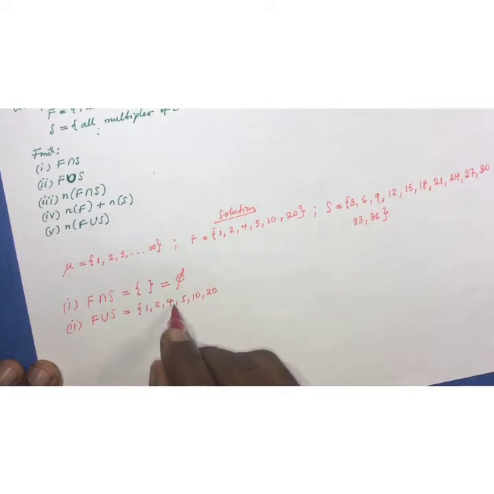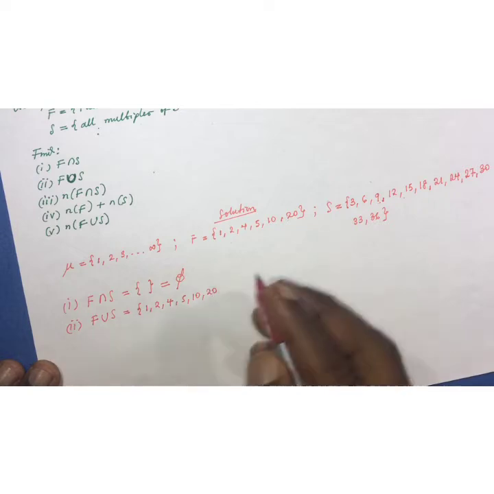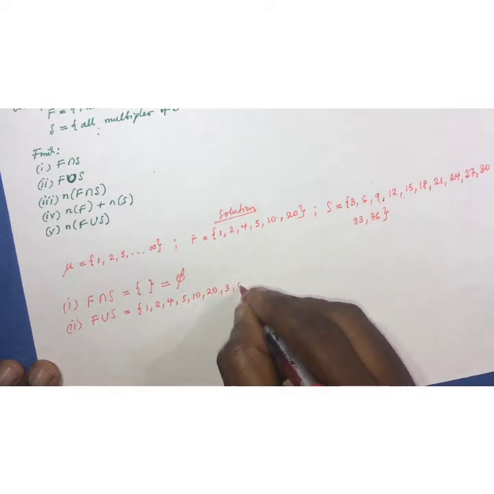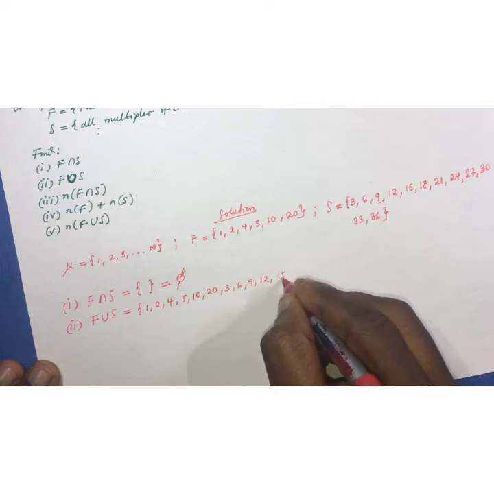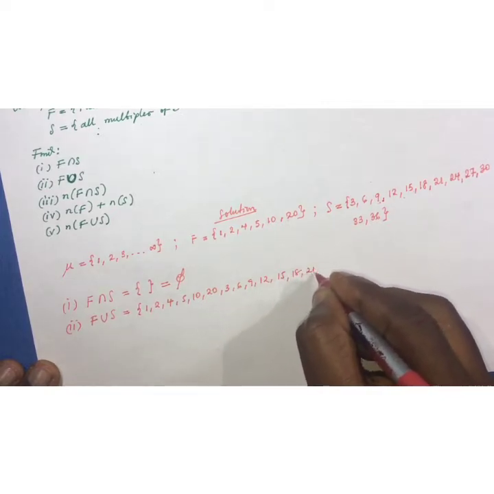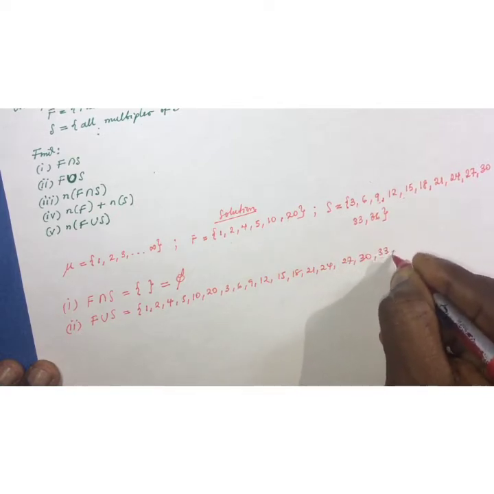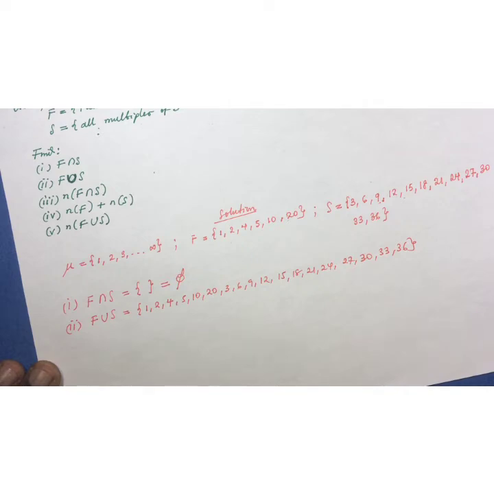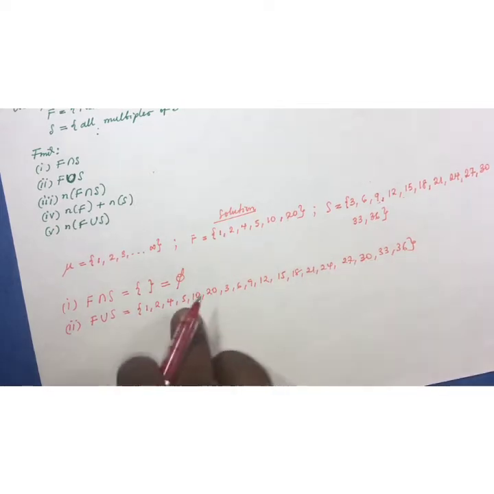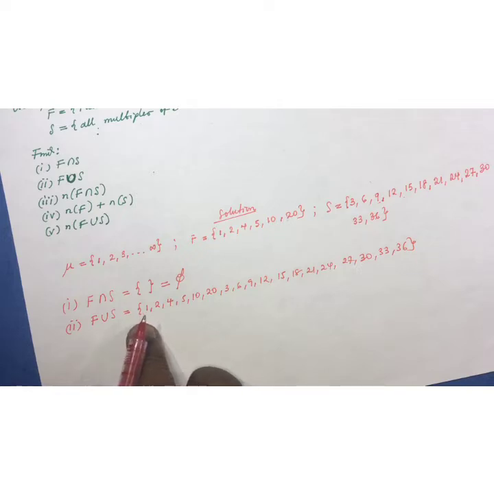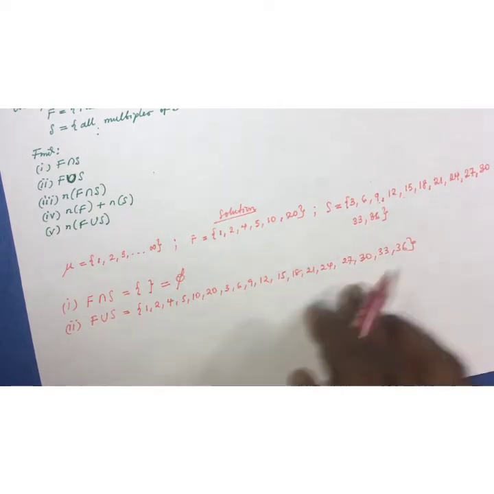So 1, 2, 4, 5, 10, 20 as elements found in F. Then 3, 6, 9, 12, 15, 18, 21, 24, 27, 30, 33, and 36 will give me the union of F and S. Remember, the union of two sets is the set containing elements found in either set or both sets. Okay, so in this case there is no intersection, so we only have to write out all the elements in F and S put together.